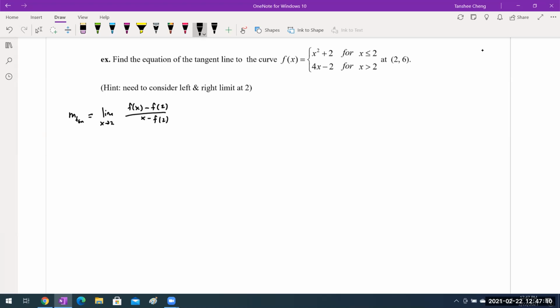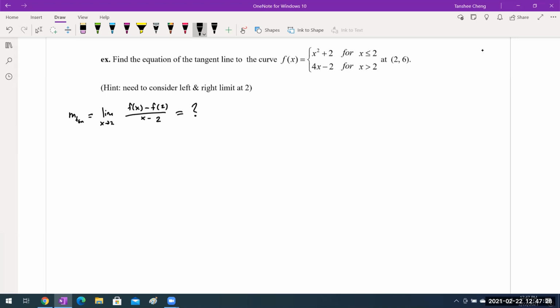And because x approaches 2, I have both of the restricted domains, right? We need to make sure that the left-hand side limit and right-hand side limit are the same in order to have the slope of the tangent line right here.